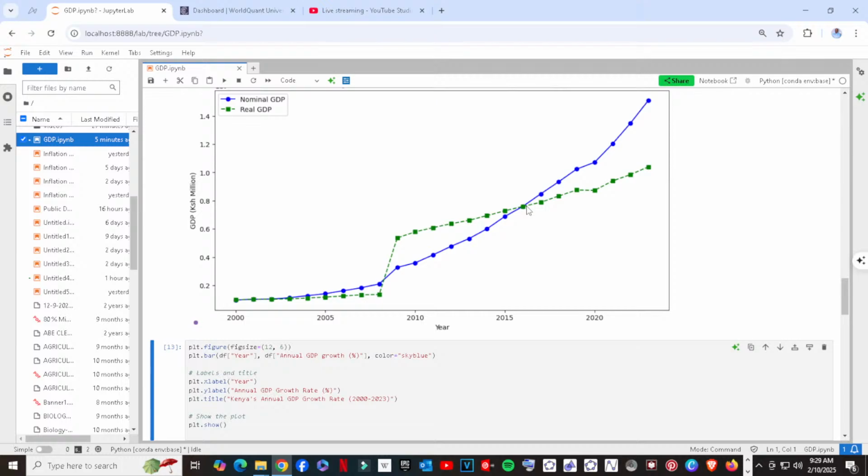So, in effect, a higher real GDP compared to nominal GDP is typically a sign of deflation, which can have mixed effects. While it may benefit exports and improve purchasing power, it also poses risks such as lower business revenues, rising debt burdens, and unemployment. So to avoid economic stagnation, policymakers must implement measures to stabilize prices and support demand.